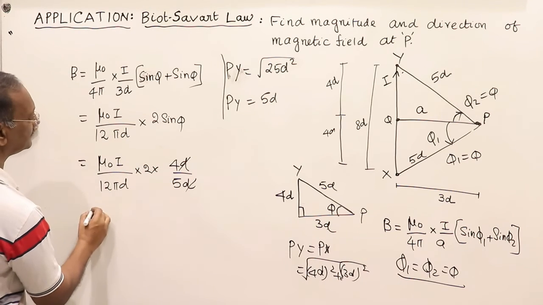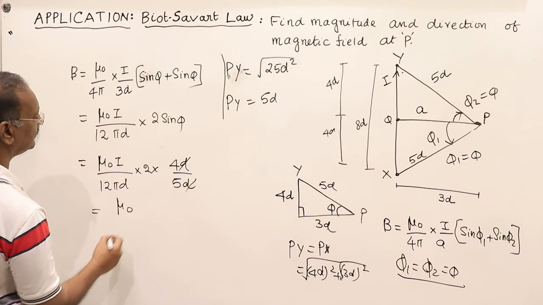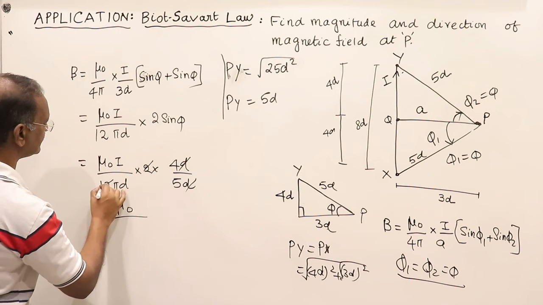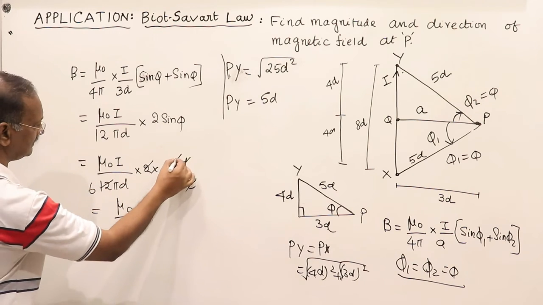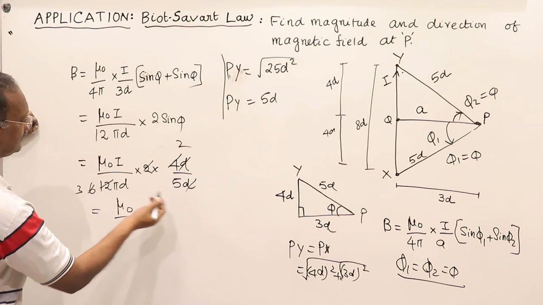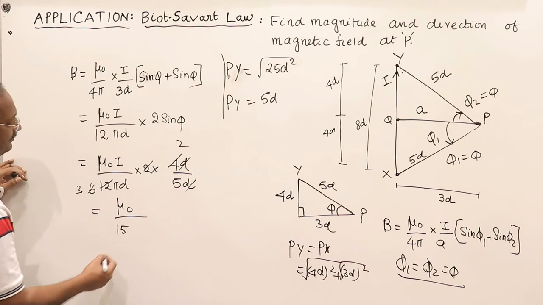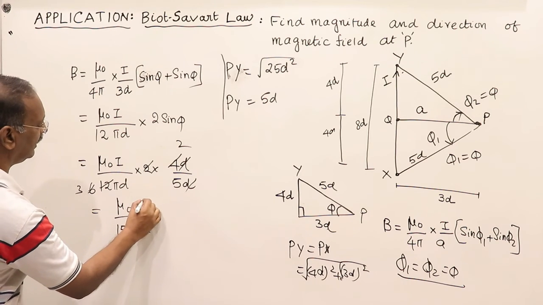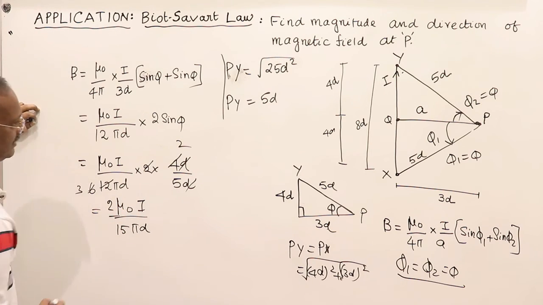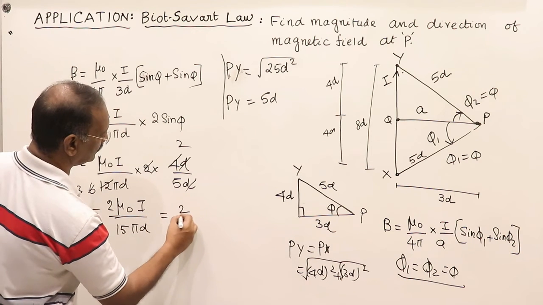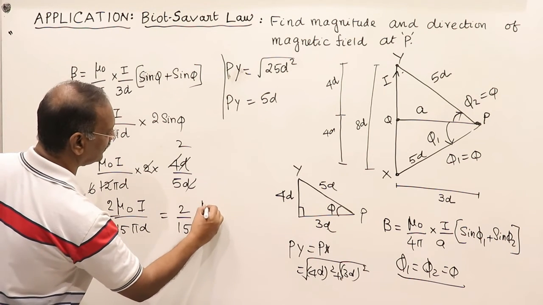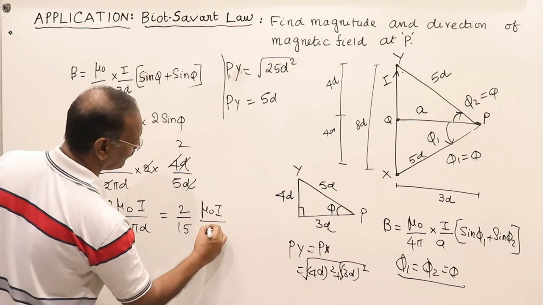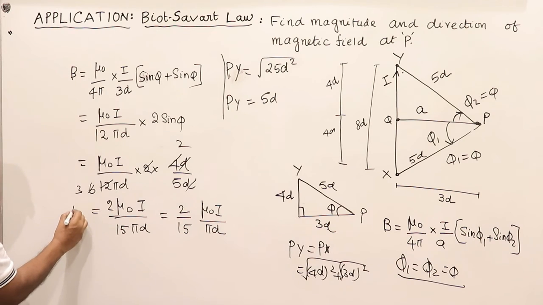This is 8, this is mu naught, 6. 4 into 2 mu naught by 6 mu naught, and this 2. This is 3, 3 into 5 is 15. This is 15 pi d, into I into 2 we can write. So which is equal to 2 by 15, mu naught I by pi d. This is the magnitude of the magnetic field.